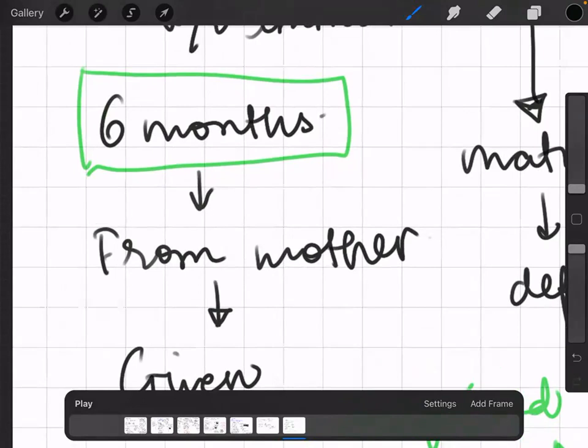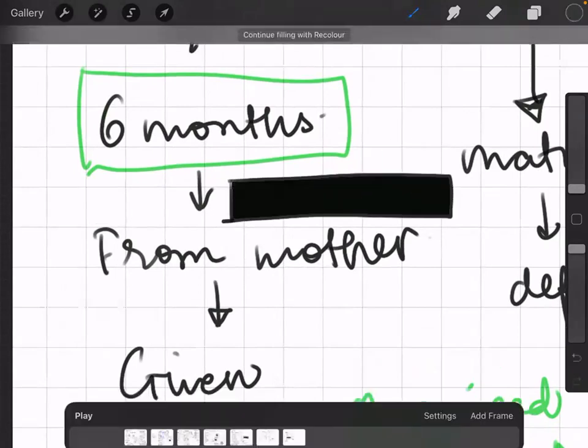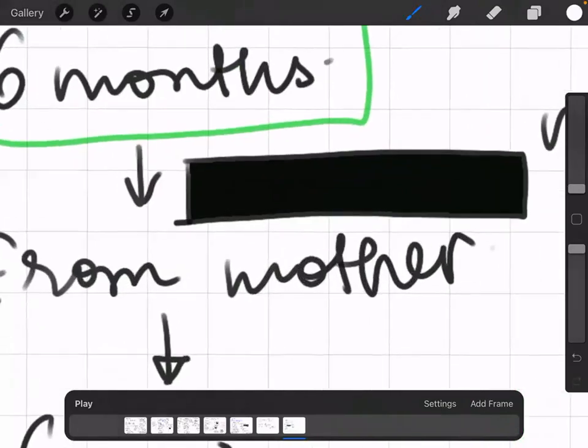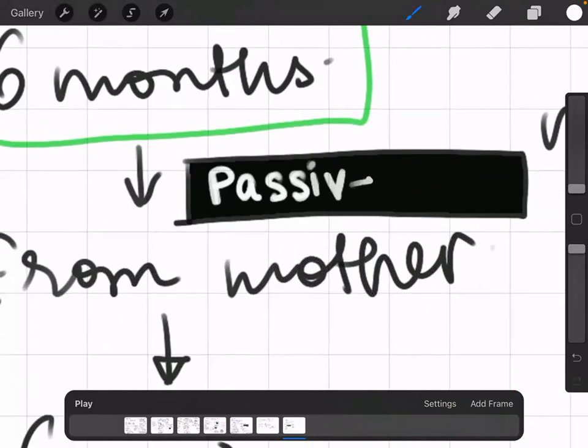And therefore, because this immune system is not really functional, it stays inactivated inside you, we say that the kind of immunity that you get from drinking your mother's milk is passive immunity.